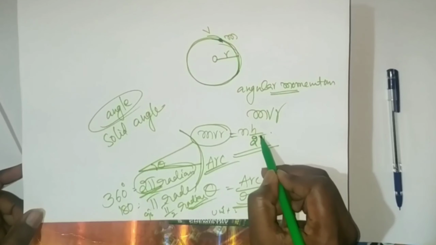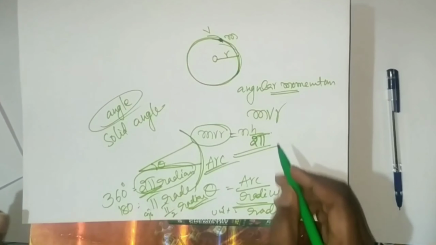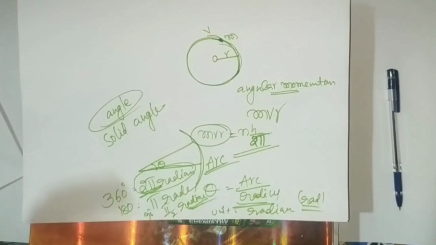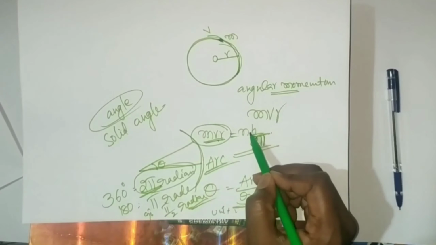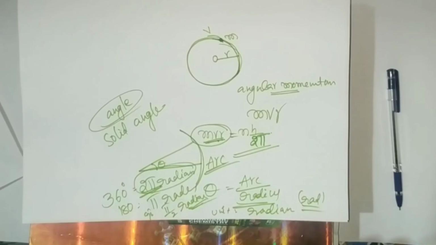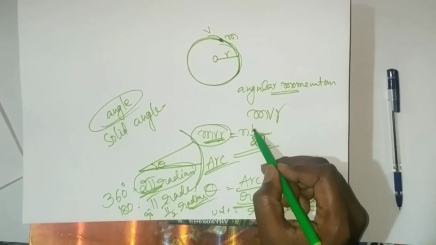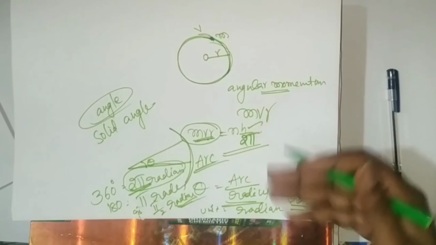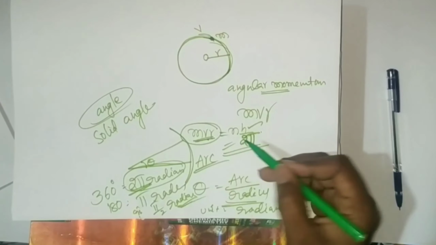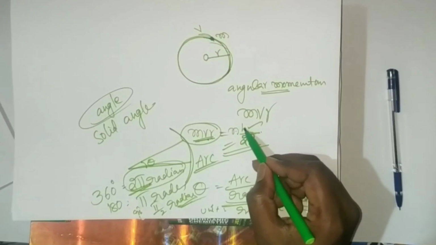This 2 pi Bohr took as nh upon 2 pi, because he said the angular momentum of an electron is an integral multiple of h upon 2 pi. Here h is Planck's constant. This is the first shell. For the second shell, 2h upon 2 pi.